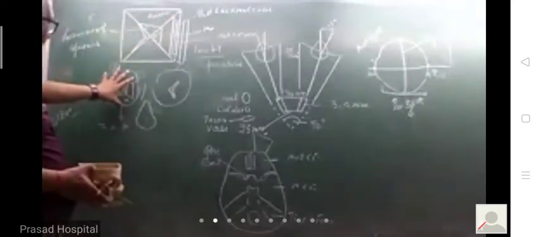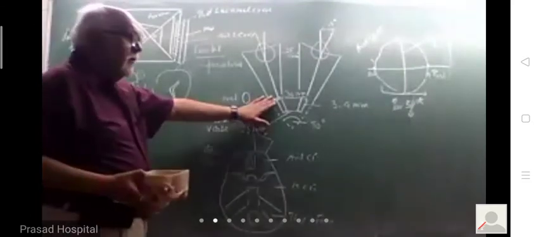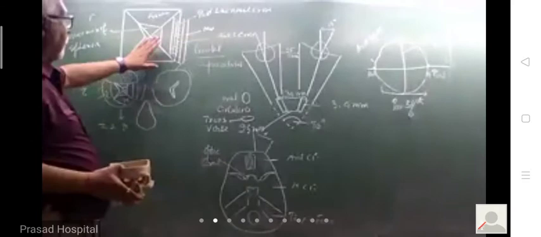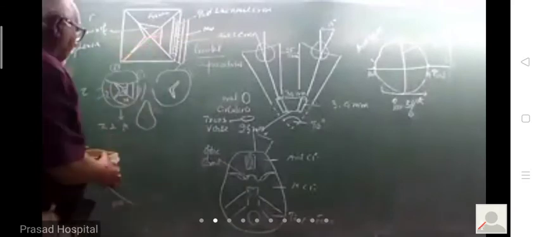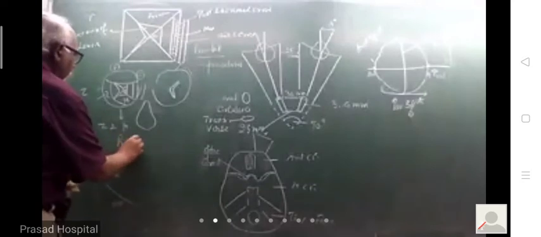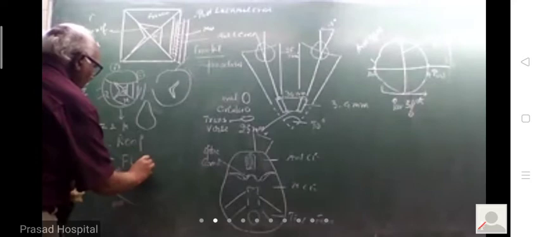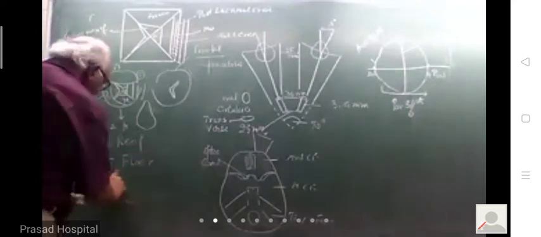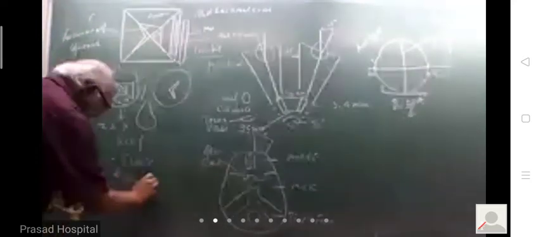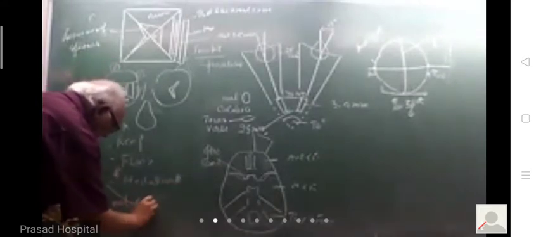You have the base, you have the apex. The boundaries or the walls: it has got a roof, a floor, a medial wall, and a lateral wall.